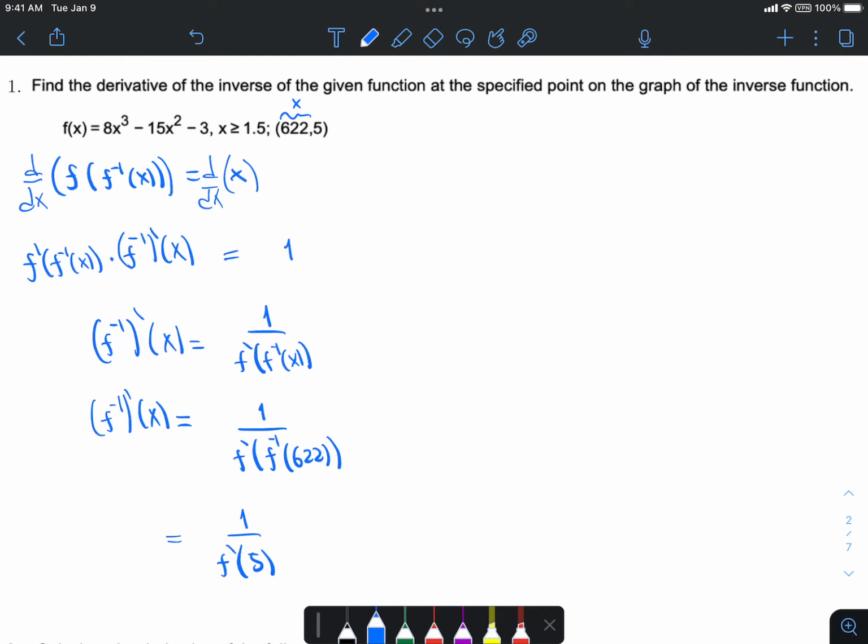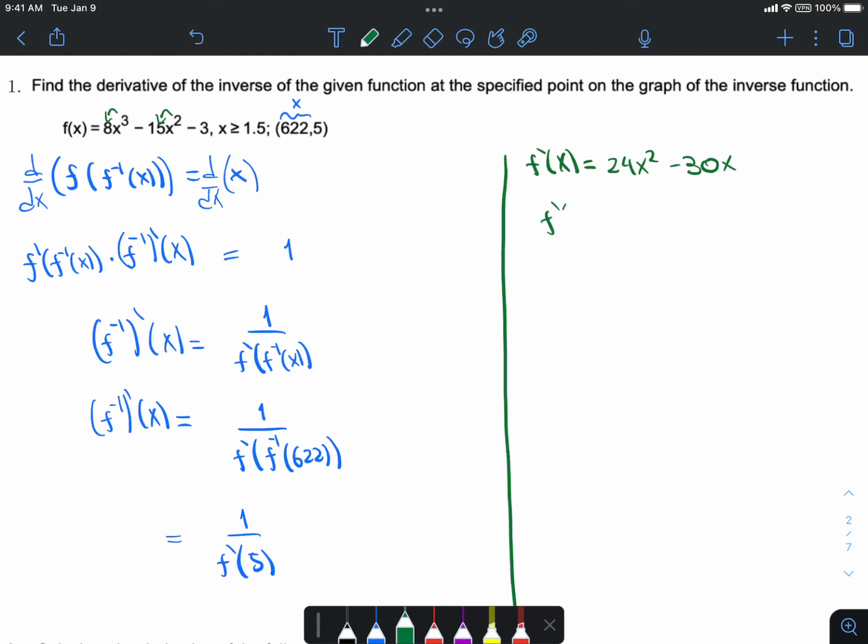This is going to be the answer to the problem, but I don't quite know what f prime of 5 is, so I'll calculate that here. f prime of x is, by the power rule, 24x squared minus 30x.